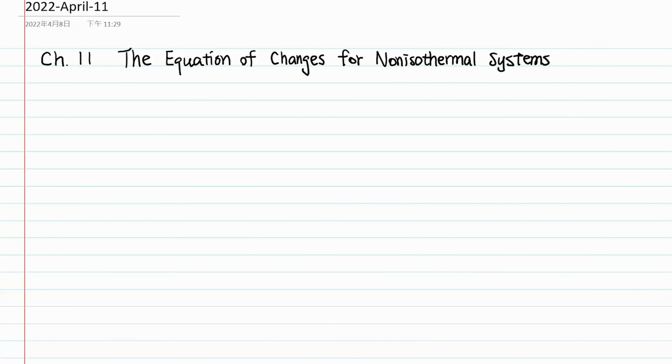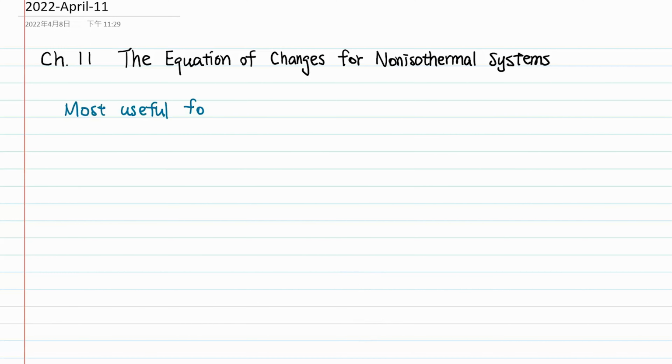So let's think about, when we're looking at non-isothermal systems, what would be the most useful form of an energy equation? That's the first question we want to think about.